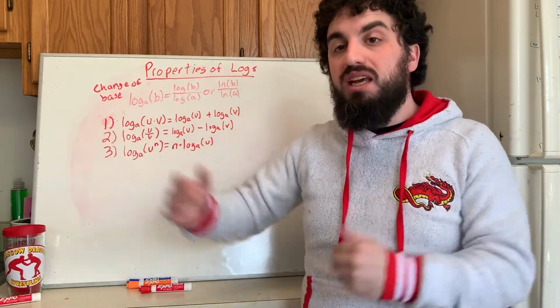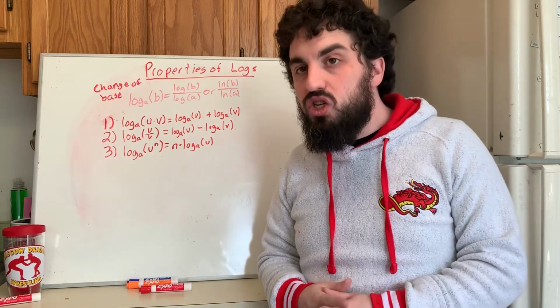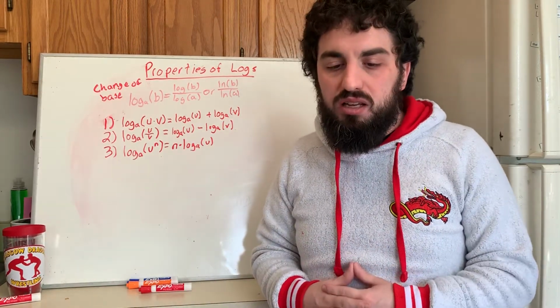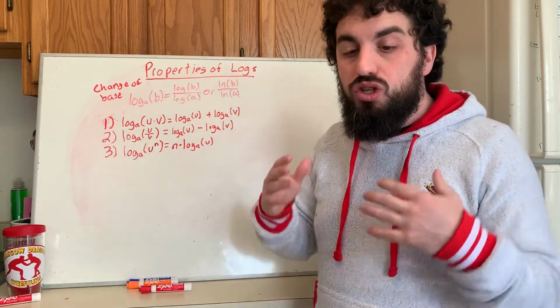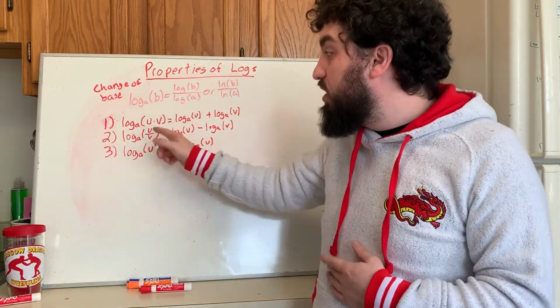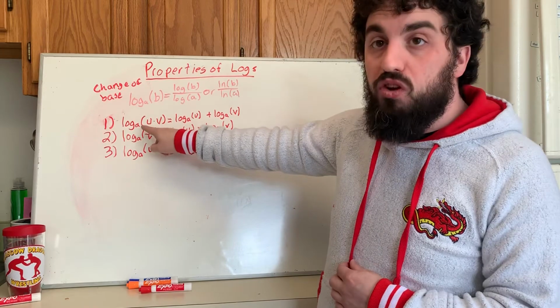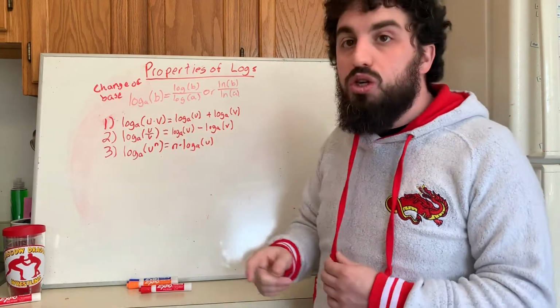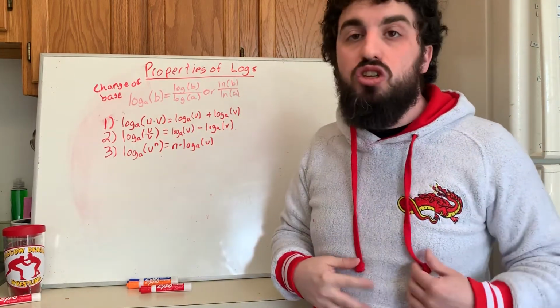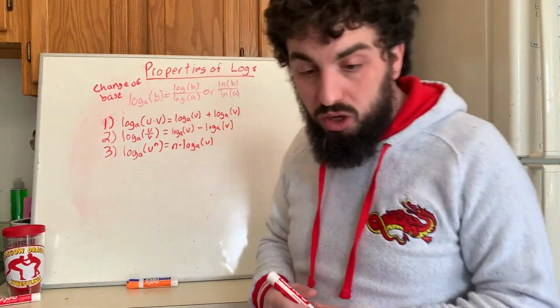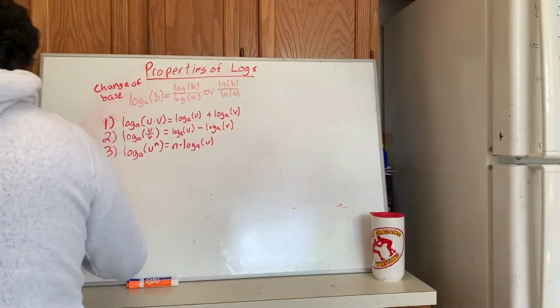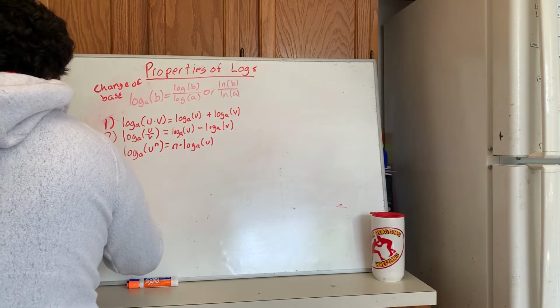So expanding it out can make your math easier, and then you could condense. So example 1, we are going to expand this out. When I expand, I want to go from this condensed form to it all being addition and subtraction of various logs. So let's look at example 1.